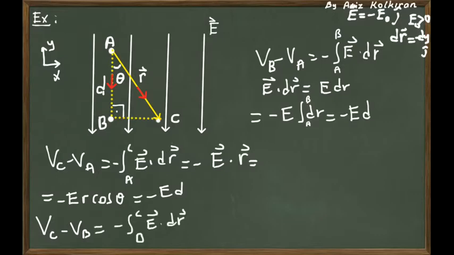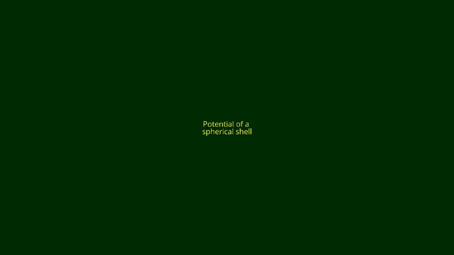So write down the same integral, the limits of the integration are B and C, of E dot dr. If you go from B to C, this line is perpendicular to the electric field, right? That means at every point on this line, E dot dr is equal to 0. So you have zero potential difference between B and C. Okay.